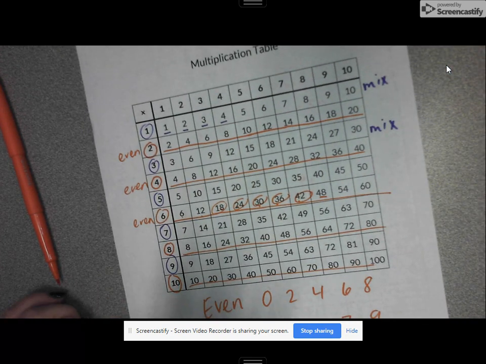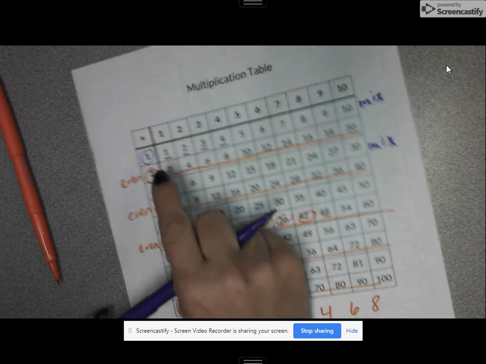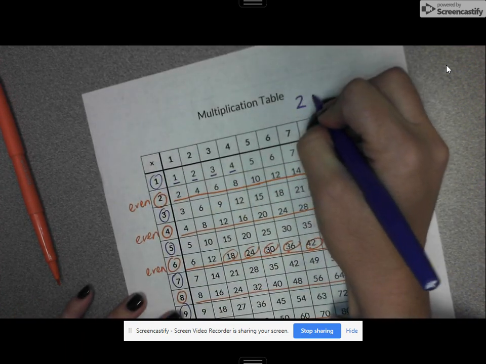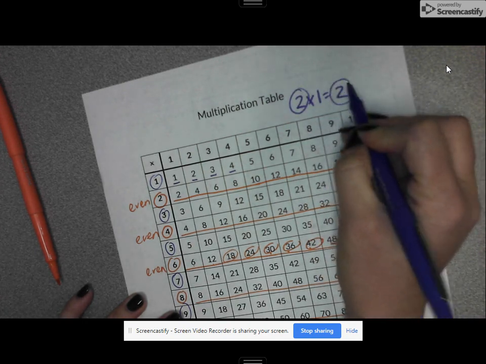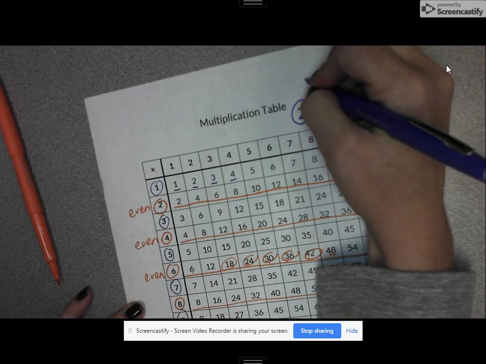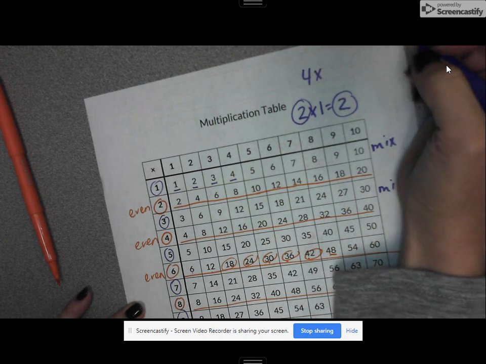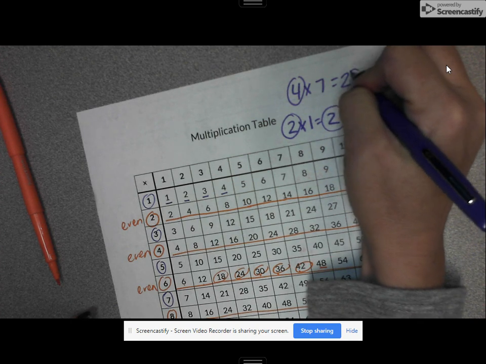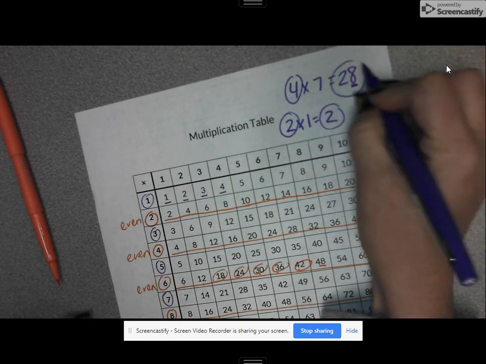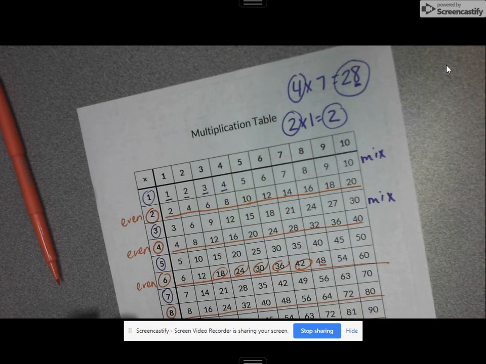So, for example, if I do 2 times 1, I'm going to get 2 because 2 is an even. If I do 4 times 7, 4 is an even number, that's 28. 8's an even number, which makes 28 even.